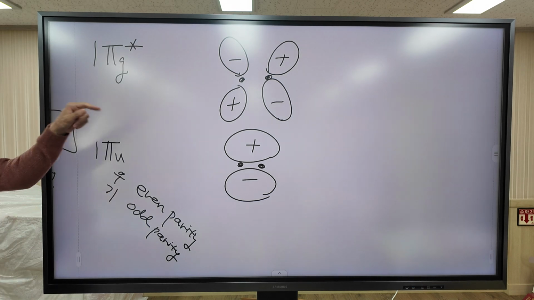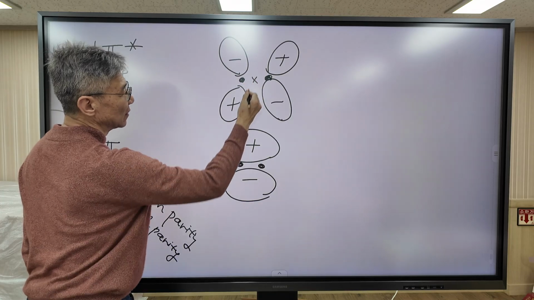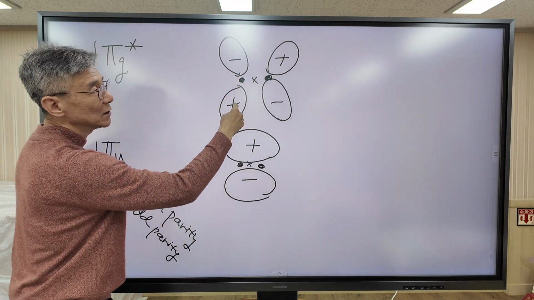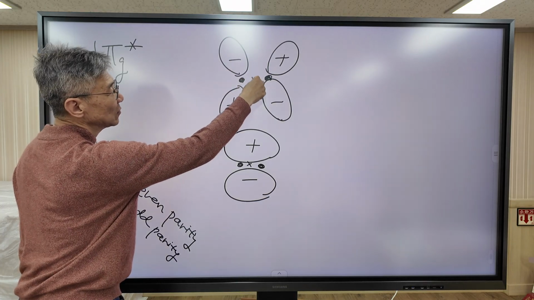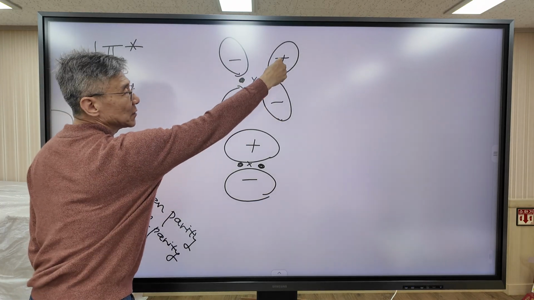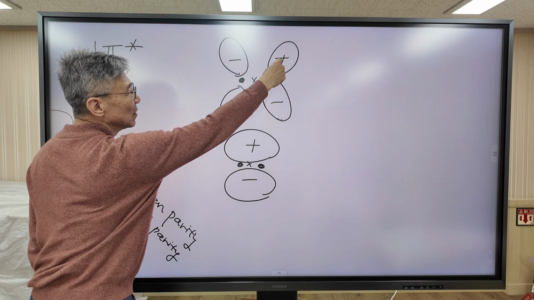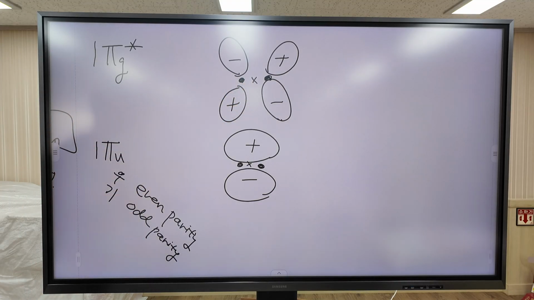Okay. So this is the molecule. This is the center. When you perform an inversion through the center of the molecule, minus sign goes to minus sign. Positive sign goes to positive sign. It does not change when you perform an inversion through the center.